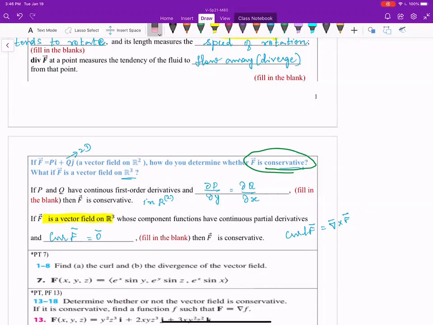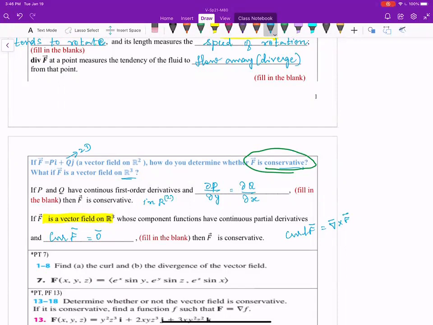So for two dimensions, the verification for a conservative field is ∂P/∂y equal to ∂Q/∂x. For a three-dimensional vector field, to verify whether it is conservative or not, you have to check whether curl F is a 0 vector or not.